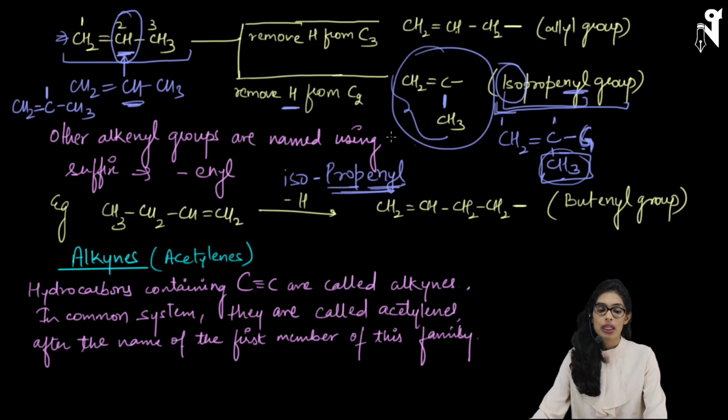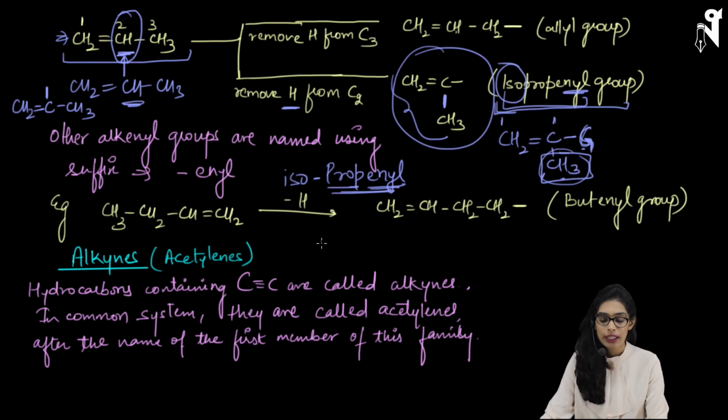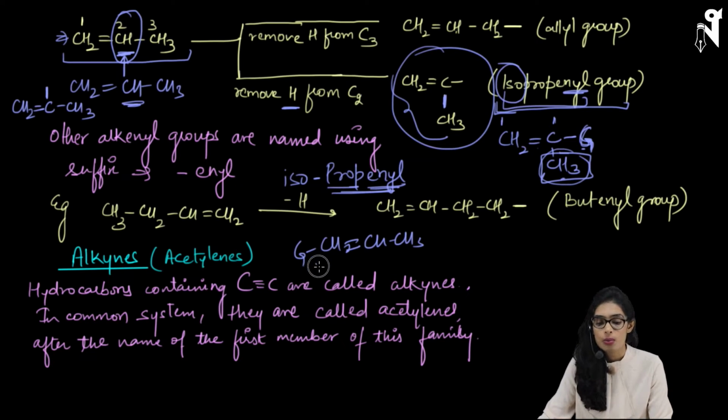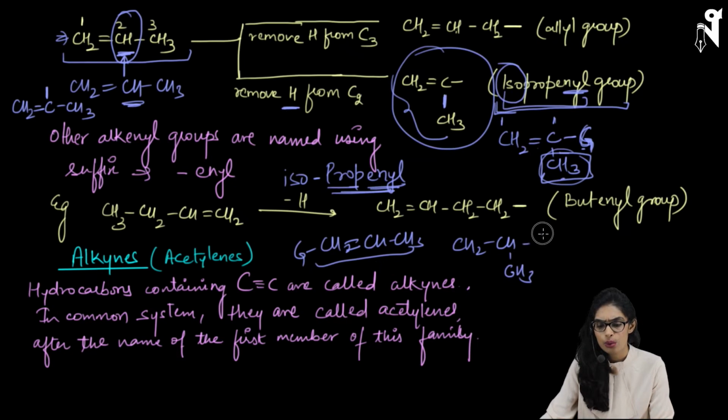If it would have been like this, let me write it over here. If it is CH double bond CH single bond CH3, and there is a group over here, this is one thing. CH2 CH CH3, and the group over here, this is another case. And the third case is CH2 double bond CH single bond CH2, and then there is a group over here.